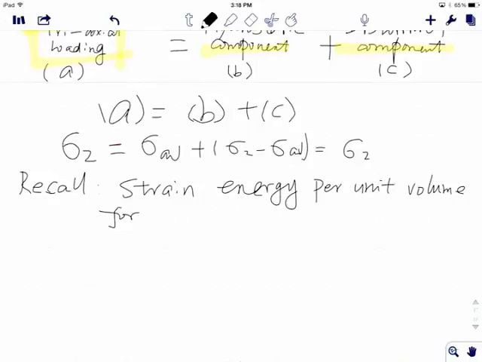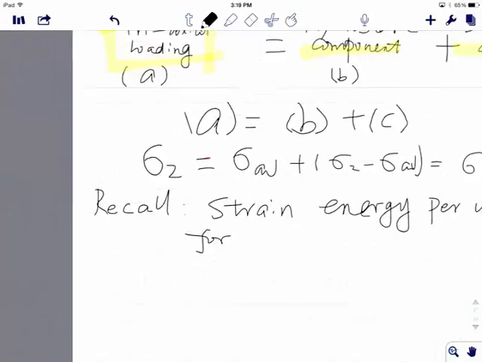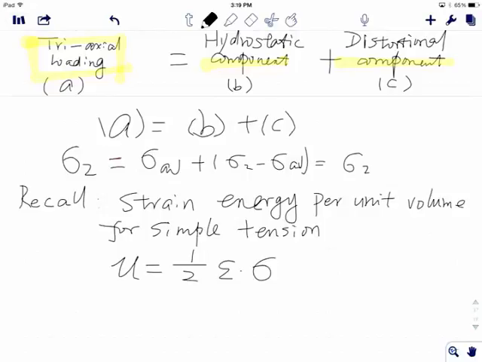Okay, I'll try to write it a little slower. Strain energy per unit volume for a simple tension equals to this, right? That's what we discussed. Remember this?